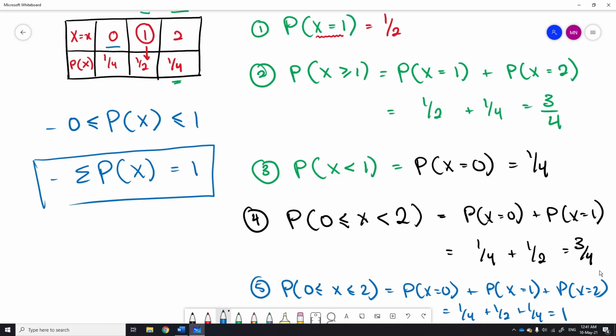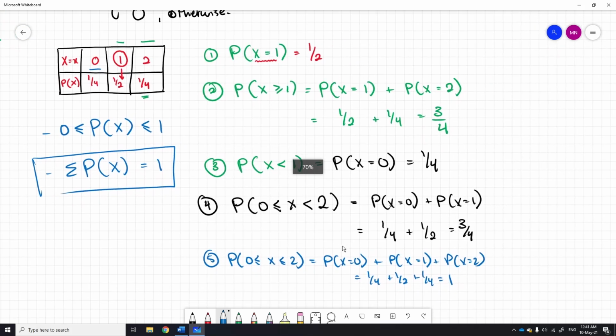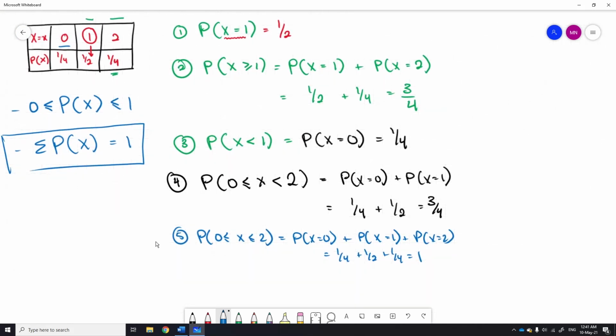Now let's form a graph based on the outcome, based on the table. If you want to draw a graph, P(x) will be located on the y-axis. This is the probability of x, because it is the outcome, and x is the random variable.